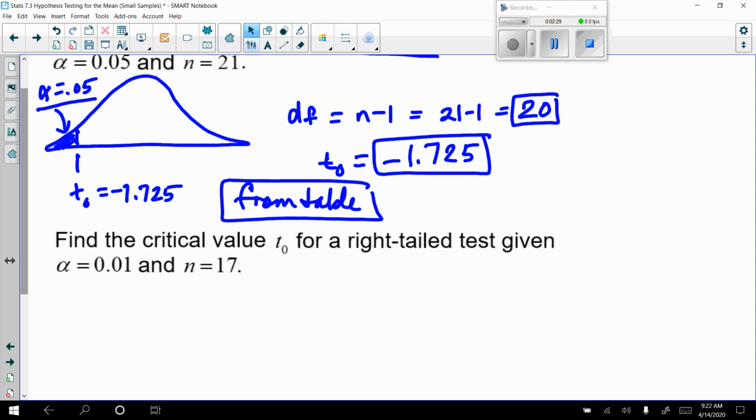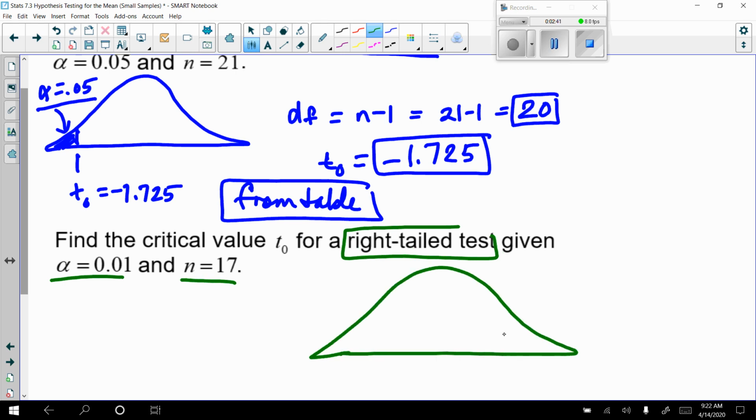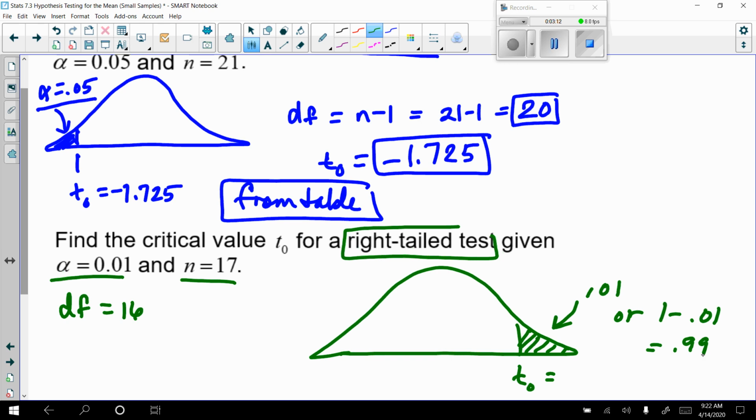If we have a critical value of a right-tailed test where alpha is 0.01 and n equals 17, so this time we're on the right tail, our degrees of freedom will be 16, and our alpha level, we can use 0.01, or we can do 1 minus 0.01, which is going to give us 0.99.